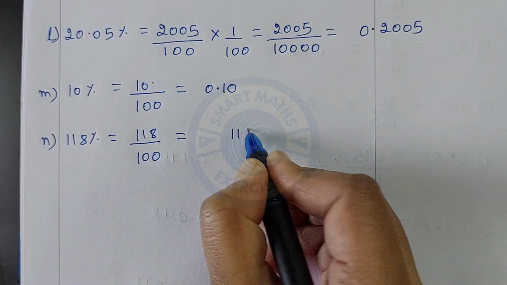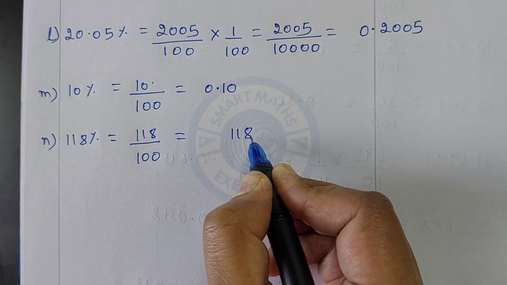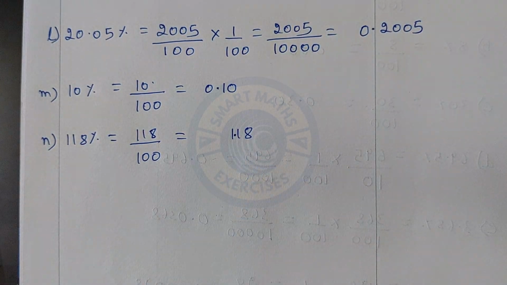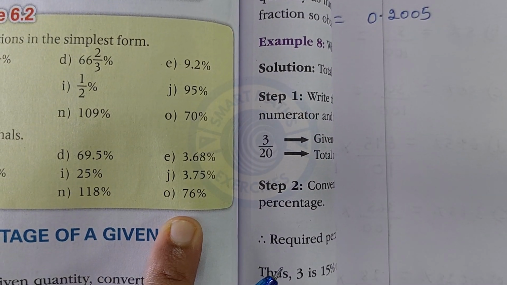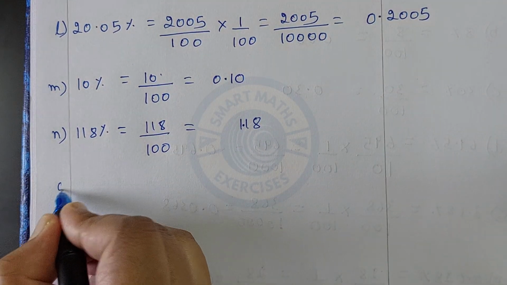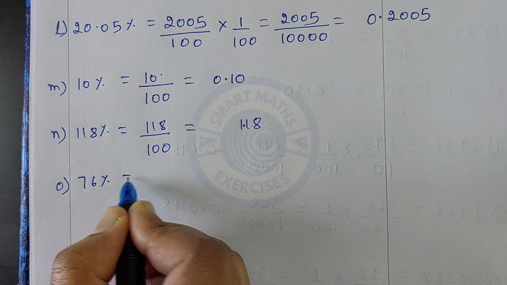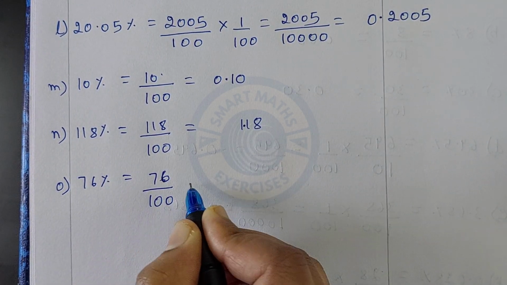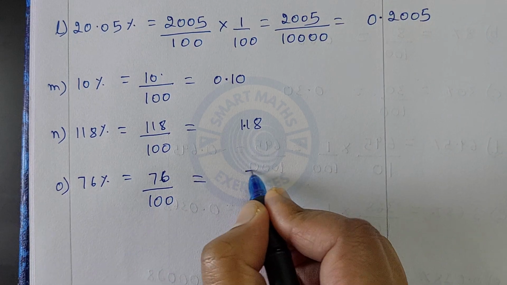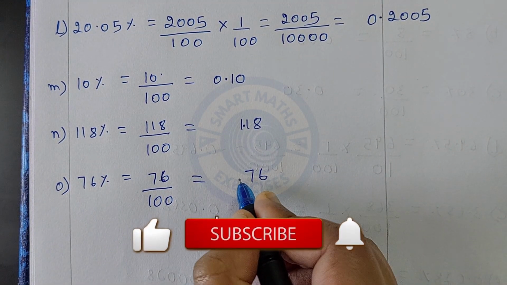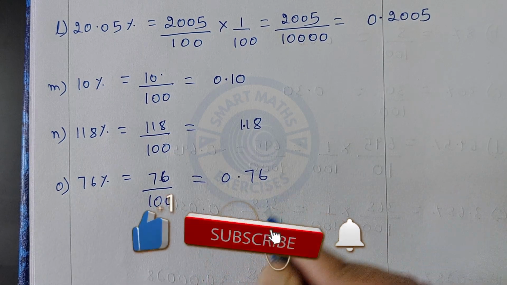Write 118 as it is. There are 2 zeros. So 1, 2. Answer is 1.18. Next question is O, 76%. So 76 by 100. Write 76 as it is. There are 2 zeros in the denominator. So 0.76 is the answer.